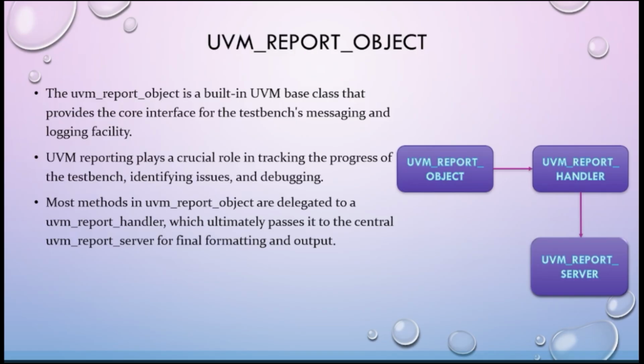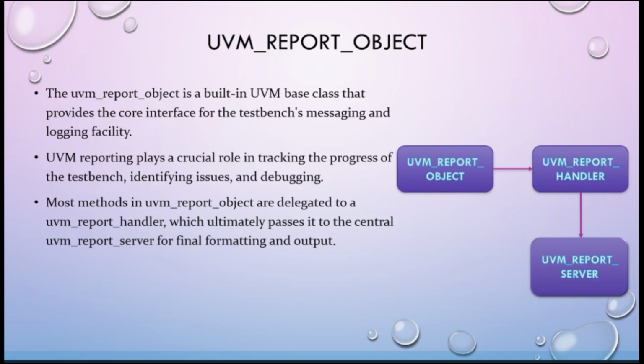If there are any bugs in your particular component, it will report that. So all the reporting is done by UVM report object, right? The entire reporting that you encounter during your UVM test bench development is done by this UVM report object.